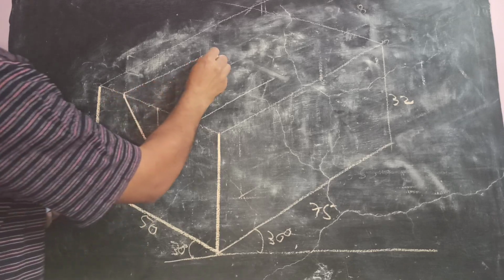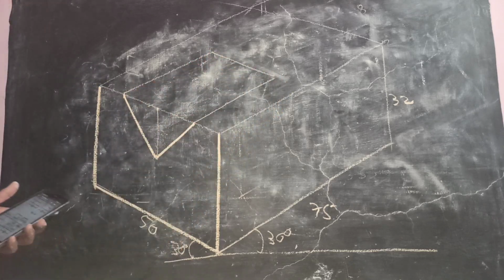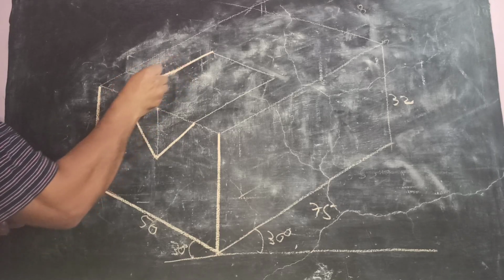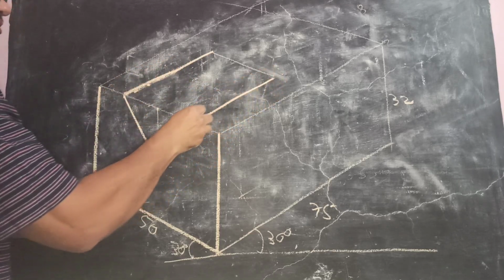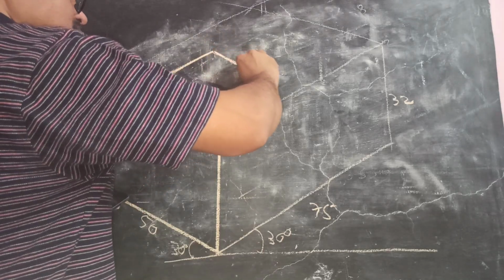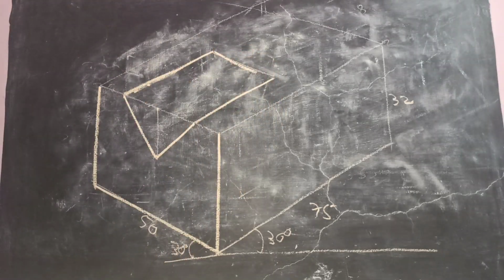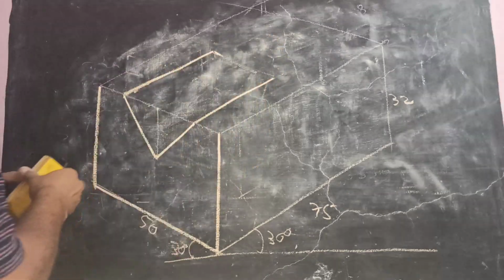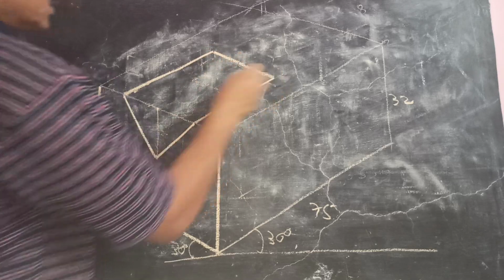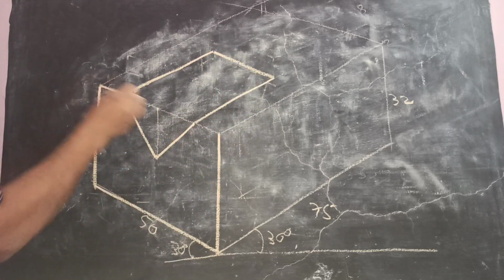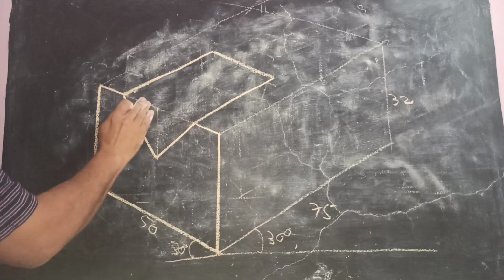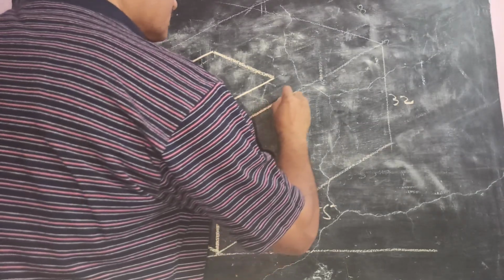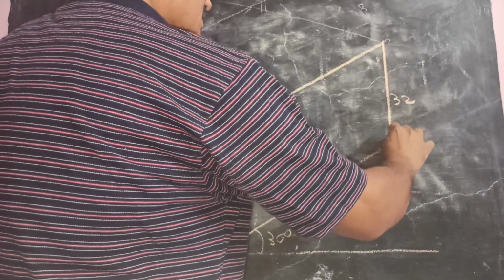Then from here, draw a line parallel to this. This line must be parallel to this. This will be dark, this will be dark, this will not be dark. So this will be dark, this will be dark, and this.